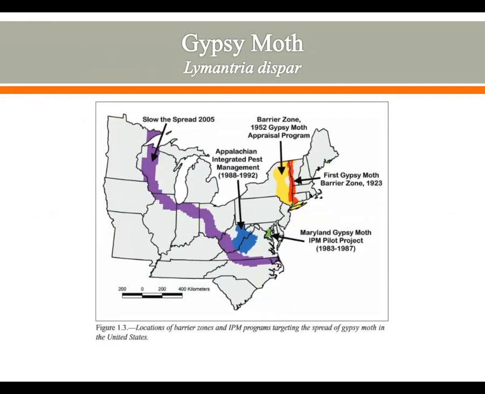Down lower on the right-hand side is the Maryland Gypsy Moth Integrated Pest Management Program, which took place in southern Maryland. And then the Appalachian Integrated Pest Management Program in 1988 through 92, along the West Virginia border. Then the purple line there shows the Slow the Spread barrier zone that was implemented in 2005.